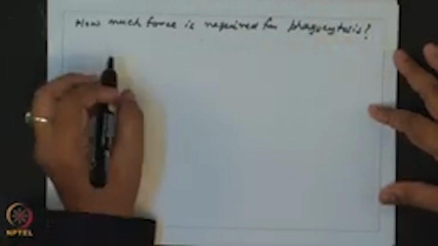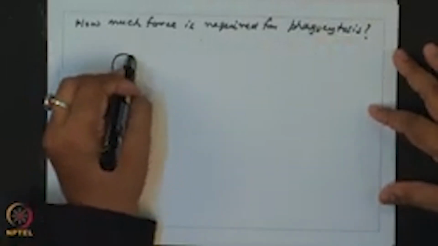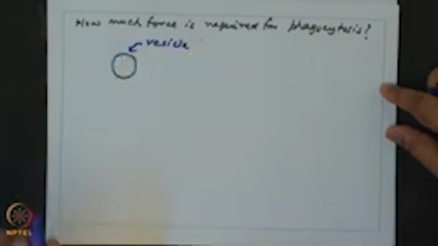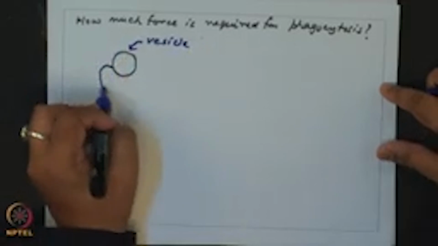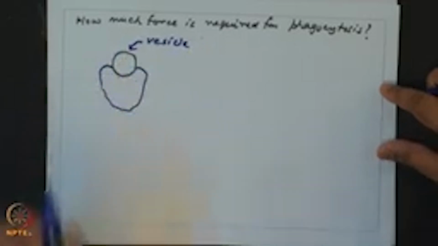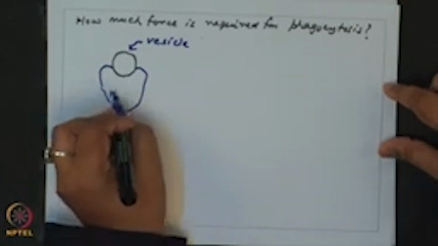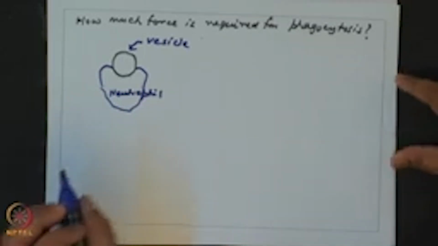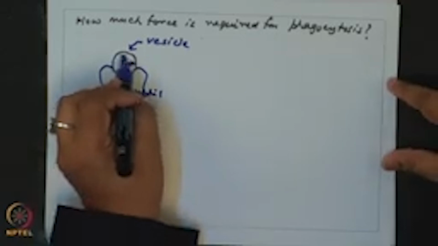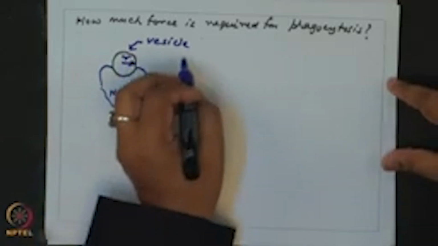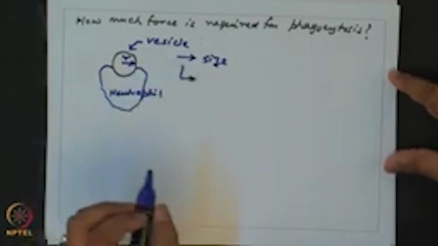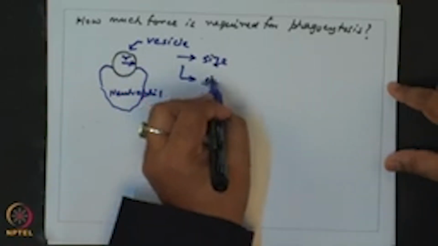So, if you do an experiment in which you take a vesicle and track its phagocytosis dynamics by a neutrophil, you will understand that it depends on the size of the vesicle as well as its stiffness.